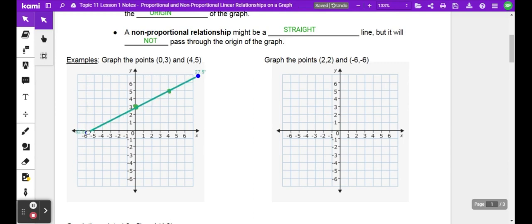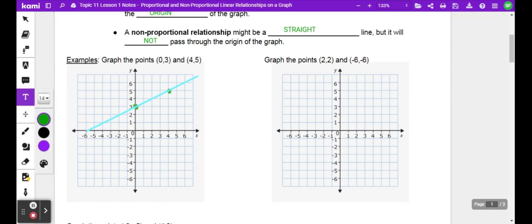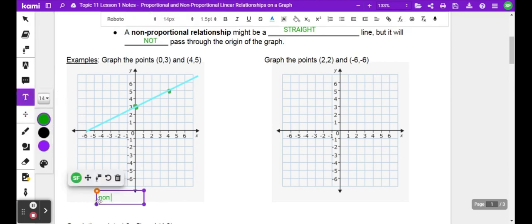Remember, for it to be proportional, 2 things must happen. You must have a straight line, and it must pass through the origin. So is that blue line a straight line? The answer to that question is yes. But does that blue line pass through the origin? The answer to that question is no. So this is a non-proportional relationship.